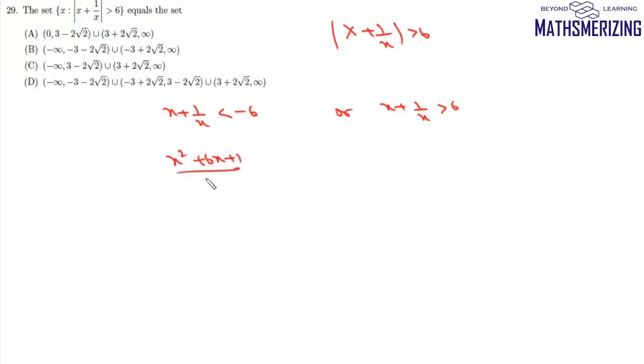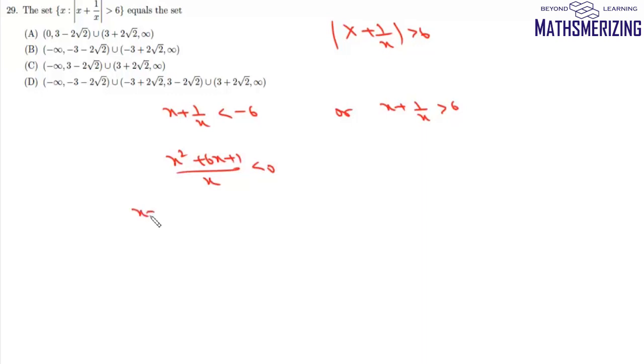Now question number 29 is, mod of x plus 1 upon x greater than 6 equals which of the following set? Now we know that mod of x plus 1 upon x is greater than 6. It is equivalent to x plus 1 upon x being less than or equal to minus 6 or x plus 1 upon x being greater than 6. So we can write this as x square plus 6x plus 1 upon x, and it is less than 0.